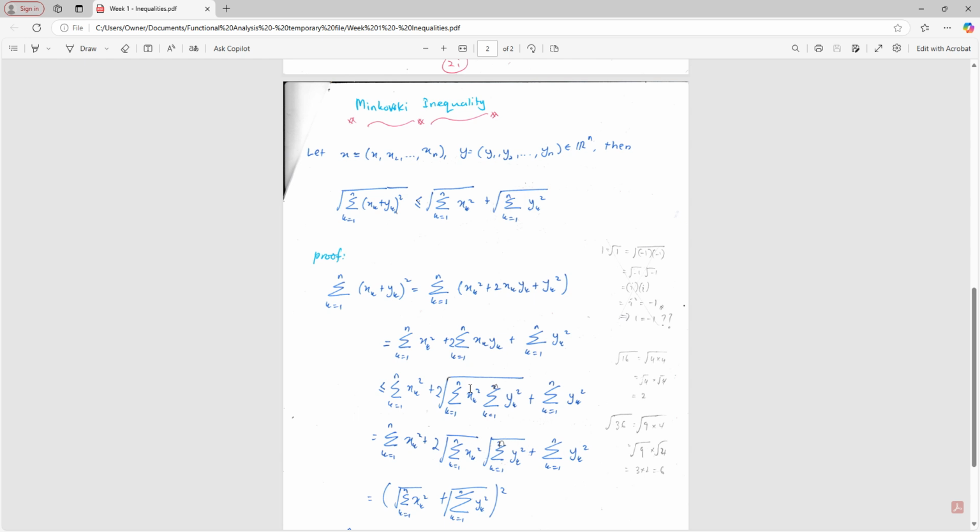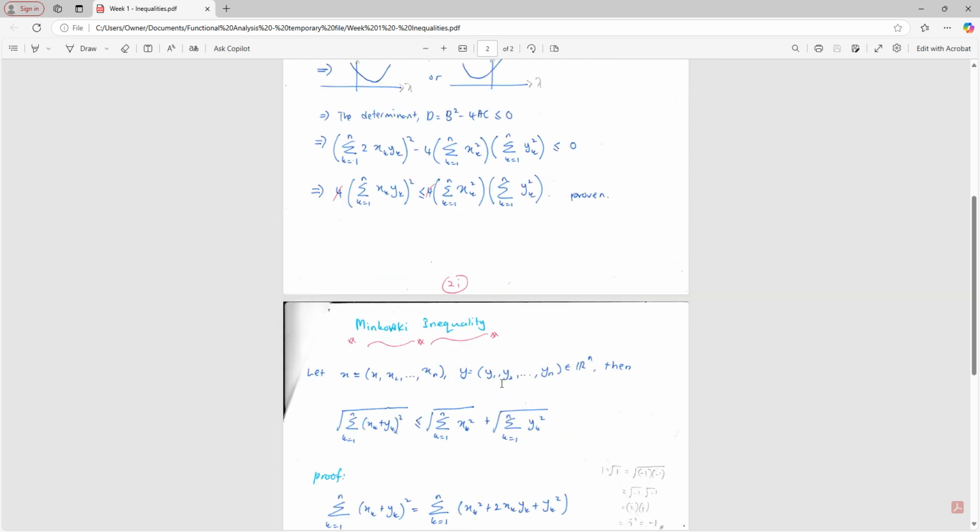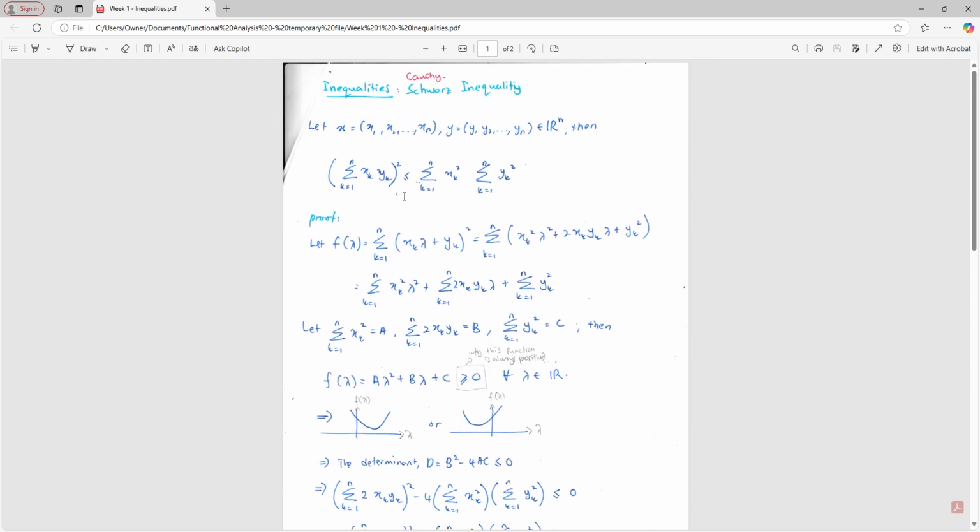So how do I apply this one? You see that here, from xk yk, we get xk square yk square, so I have a square root here. If you realize, in the Cauchy-Schwarz inequality we don't have any square root, but we actually have squares. But this is actually valid, because I can manipulate this Cauchy-Schwarz inequality in the following way.